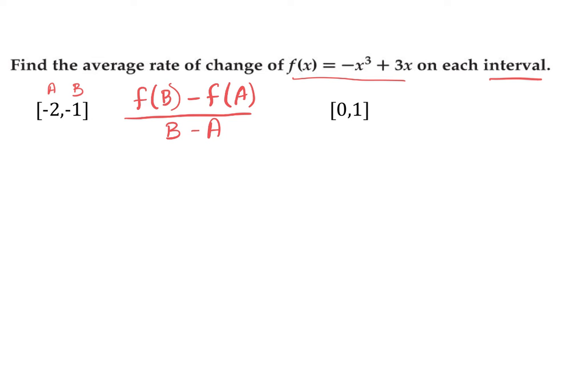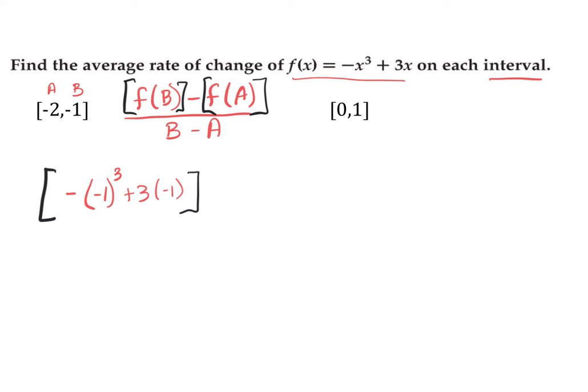So let's plug our numbers into our function. I like to use big brackets in between my two functions because it's very easy to get confused about what's happening with our two functions and lose a negative. So I am plugging in my B term. So we have negative x to the third, so negative 1 to the third plus 3 times negative 1.